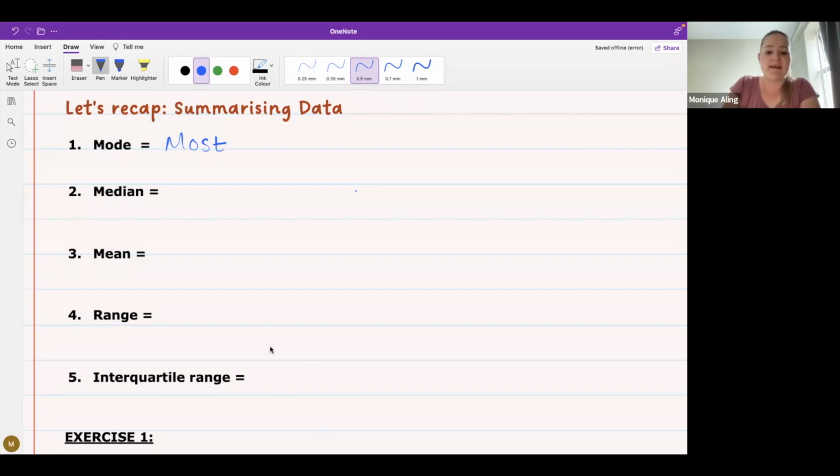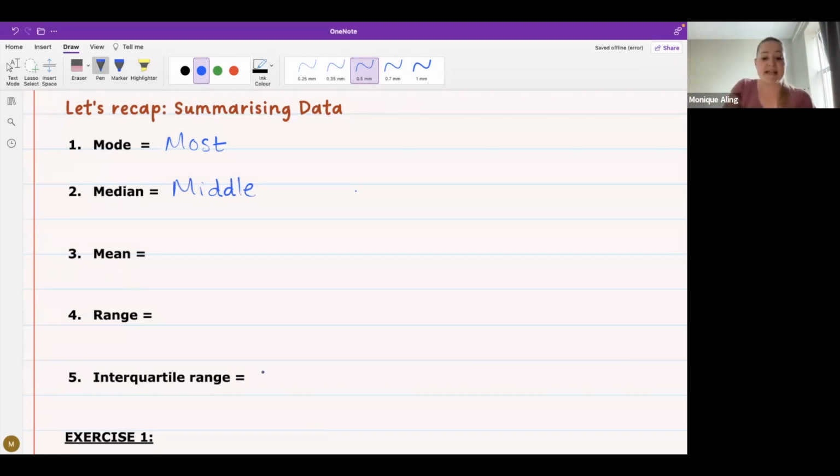Good. Median. Not yet, it's not the average. Good. Median is middle, our middle number. But remember, it needs to be of an ordered data set. So it has to be put in order first, and then we find the middle number.